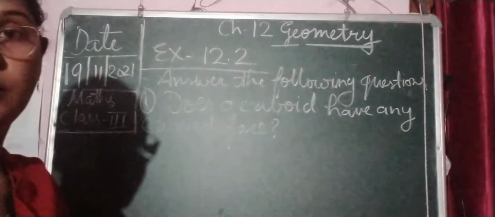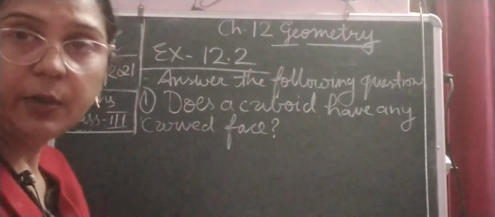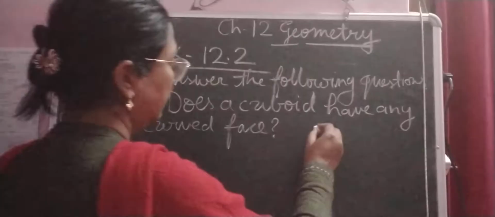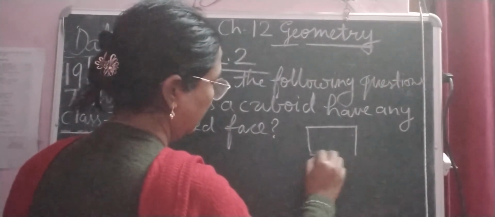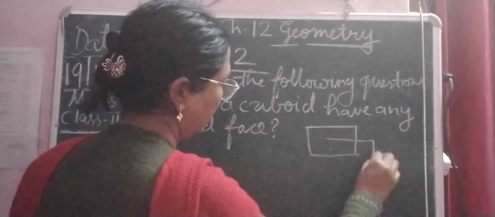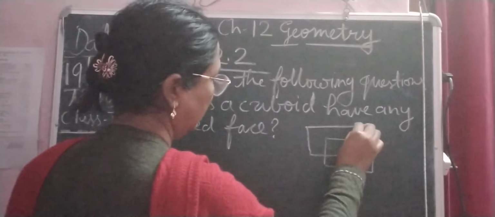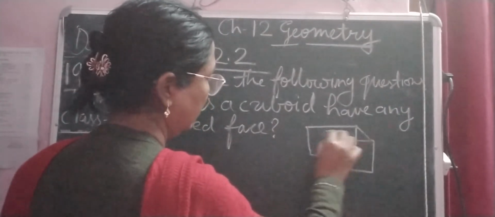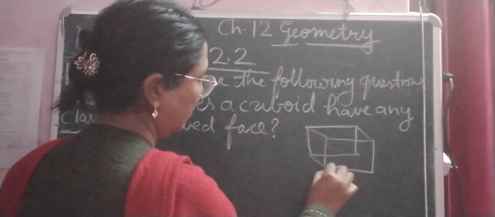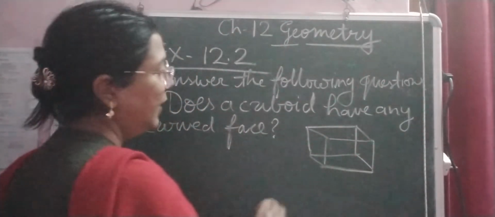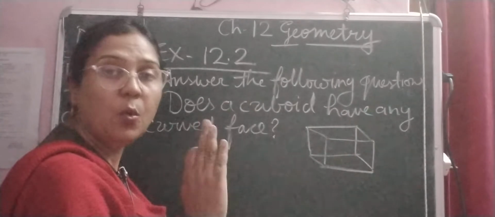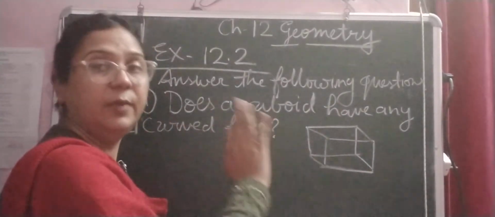If I draw a cuboid, you can see that it has no curved lines.